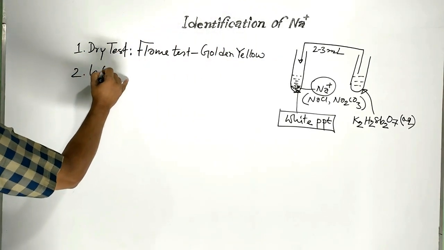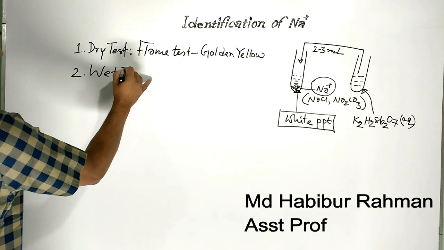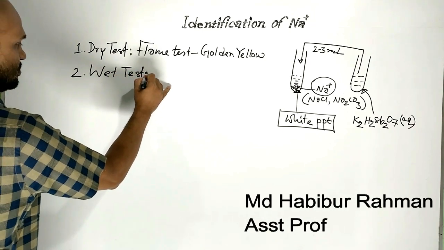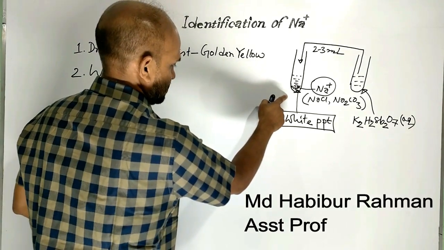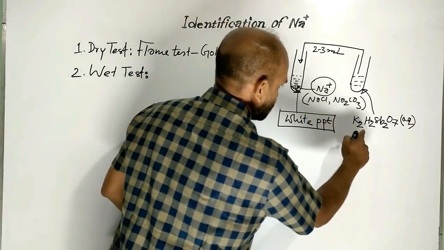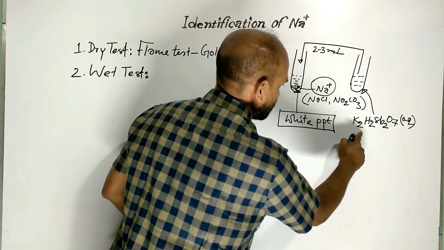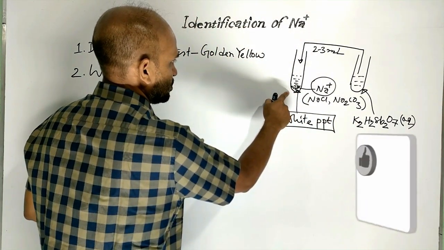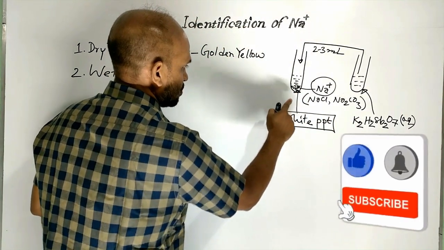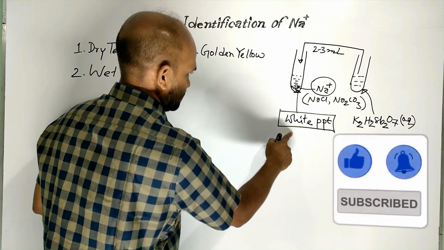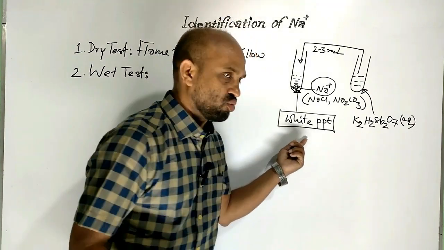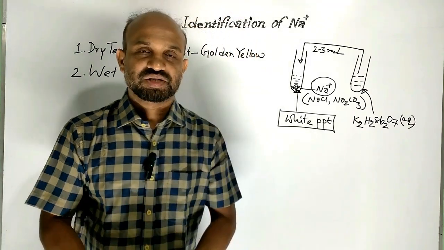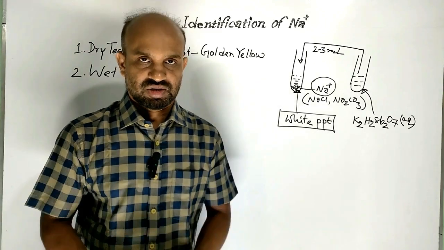Now, wet test. This is wet test, in which, with the addition of the solution of potassium pyroantimonate to the sample solution, white precipitate is formed. This white precipitate confirms the presence of sodium ion in the solution.